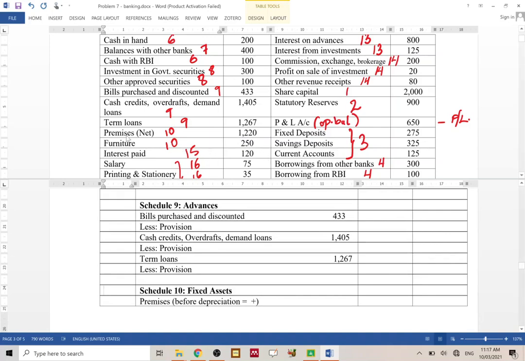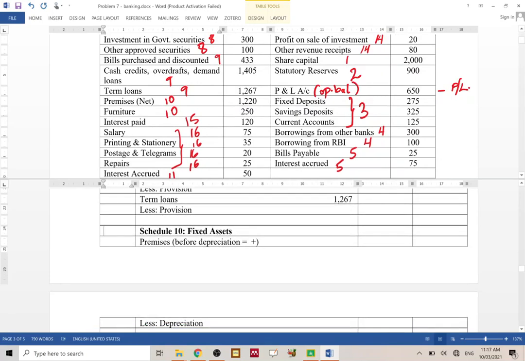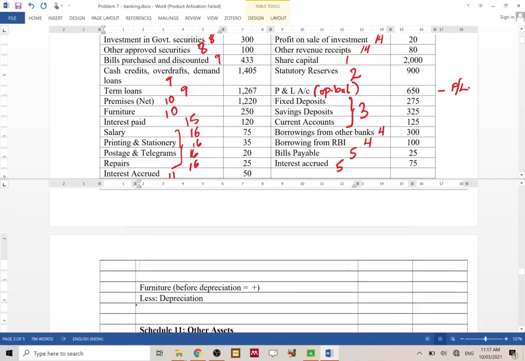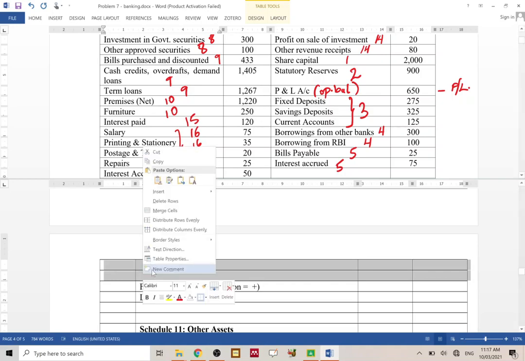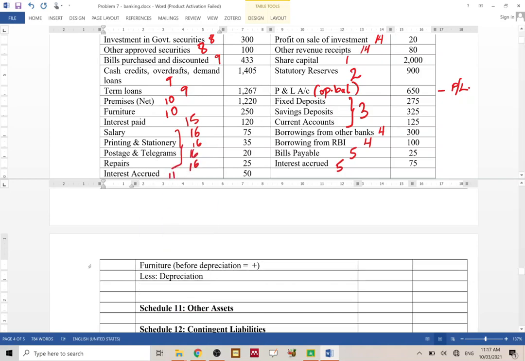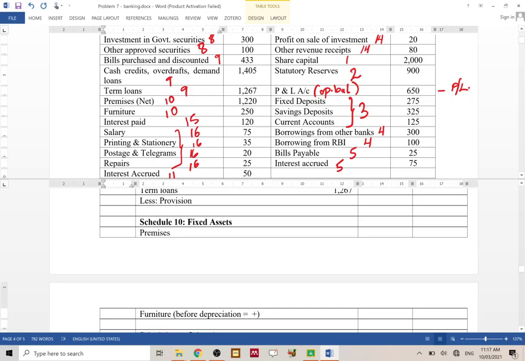So that's done. Next is fixed assets, schedule 10. No adjustment is given; nothing about depreciation is mentioned, whether depreciation is charged or not. So directly the amount of premises will be written, and that is 1220.